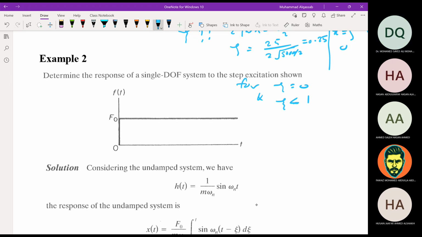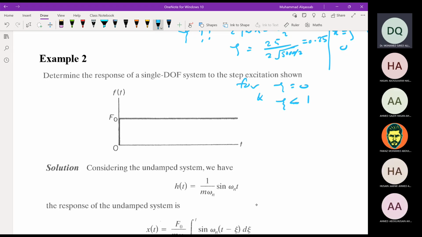So 2 times f naught over k is called twice the statical deflection. This is an undamped system, and the force is called step excitation. Step excitation mathematically looks simple, but its effect on the system is very severe, producing an amplitude twice the statical deflection.